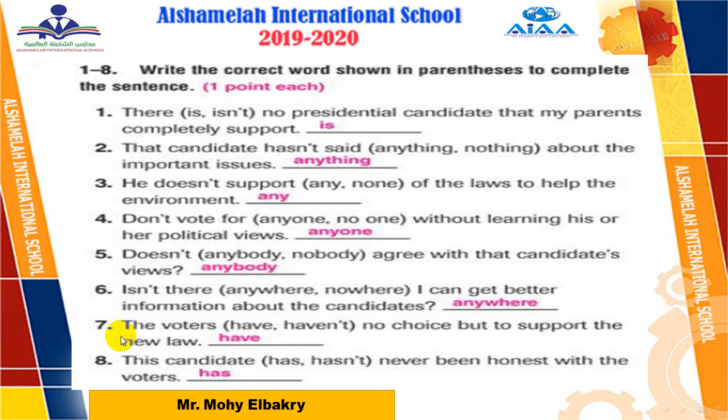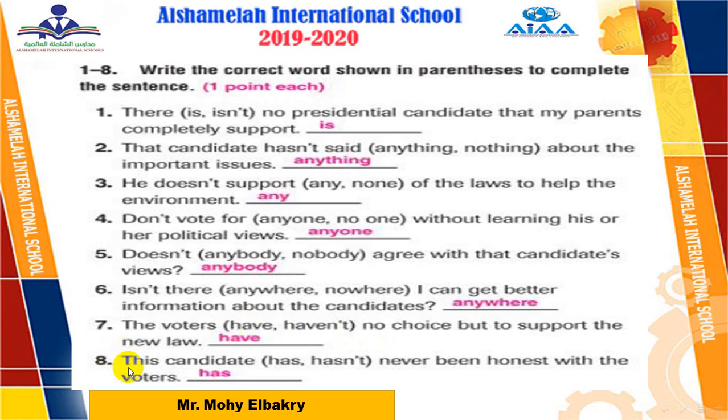Number seven, the voters have or haven't no choice. Here we have no. So the word no refers to negative, and as I said before, don't use double negative. So here we are going to use a positive verb, which is have.